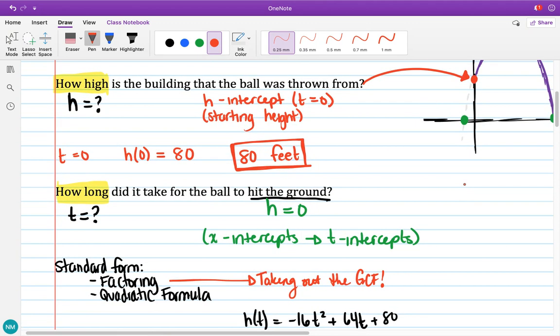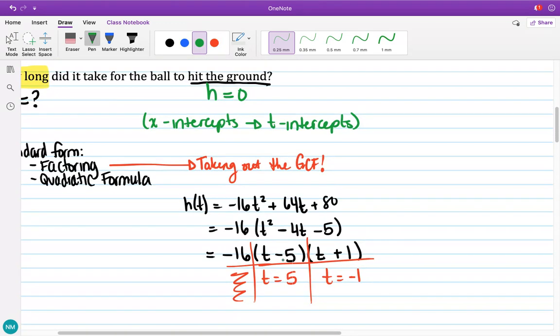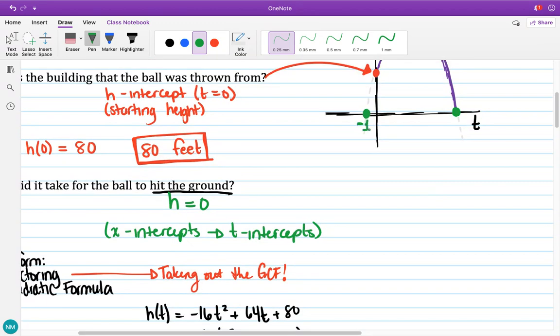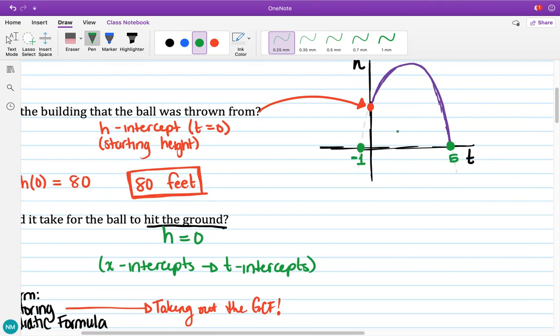So let's look back at our graph. If these are our 2 t values, boom and boom. Here's that negative 1 and here is that 5. Can I say that after negative 1 seconds, the ball went backwards and hit the ground? No. But I can say after 5 seconds, the ball hit the ground.